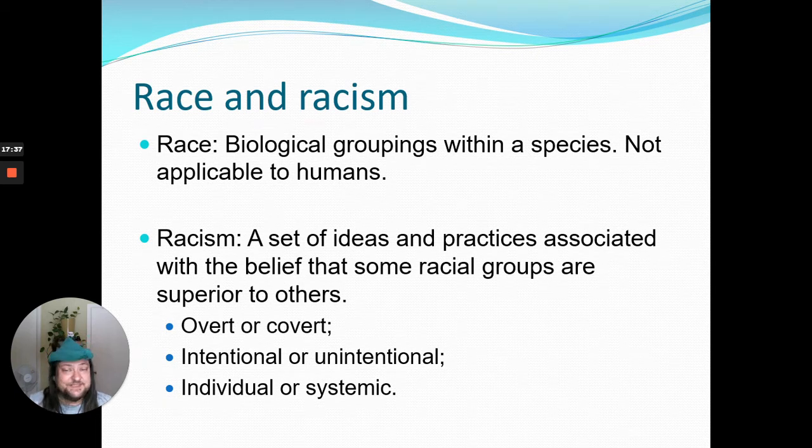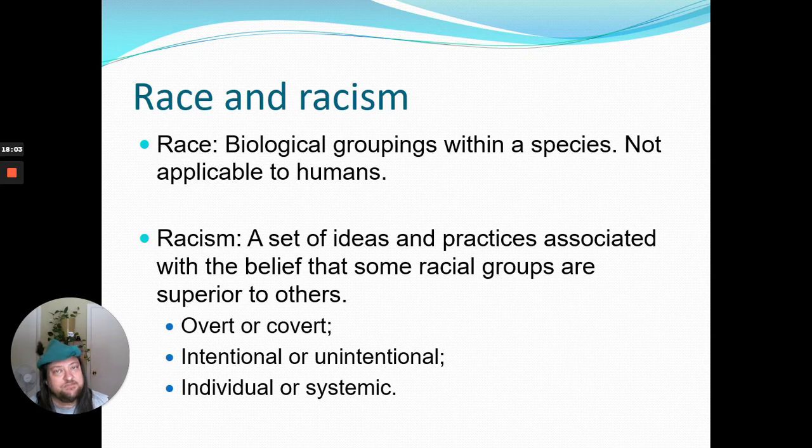And this can be overt or covert, meaning people can be just kind of in your face about their racism, or sometimes it's kind of hidden. It can be intentional or unintentional. So sometimes people are racist, but not on purpose, but just because they're participating in a system that is racist. And then we get into that individual or systemic thing, which is a big debate right now, right? If you've been paying attention to the news.